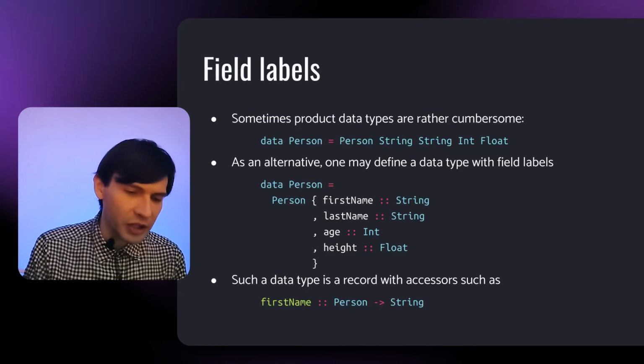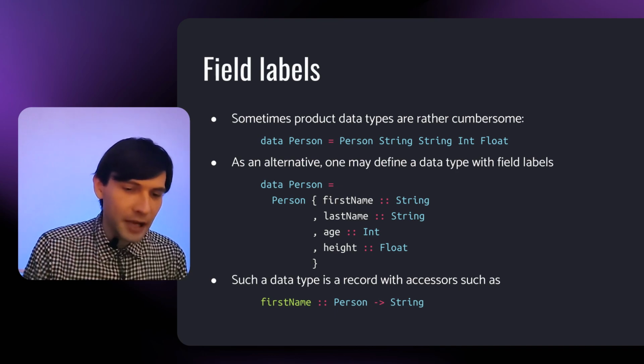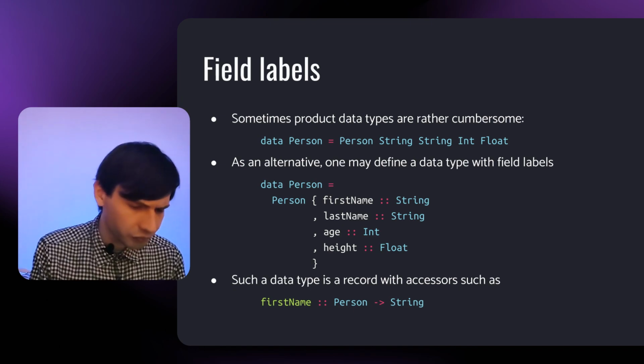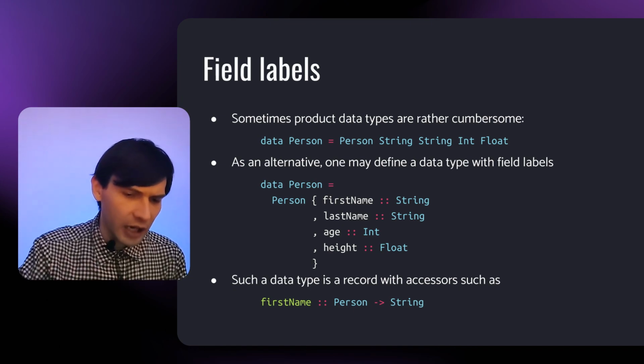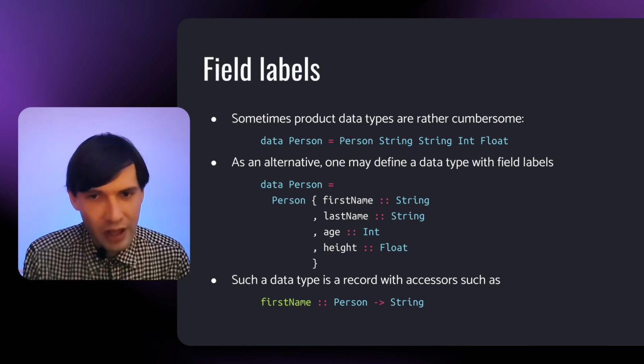So, in other words, all those functions like first name, last name, age, height are a kind of projections. So we take person and return its first coordinate that we call first name. And this mechanism makes our product data types perhaps more user-friendly.